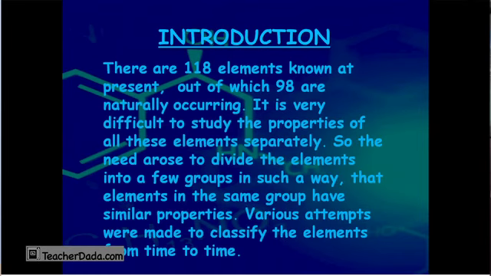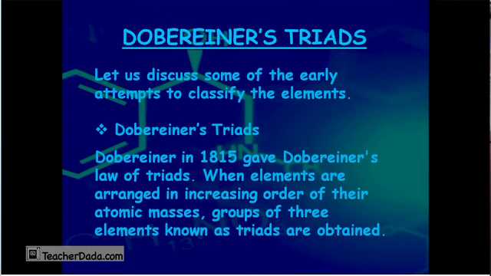Now, the properties of the elements which are placed near each other might be same. The periodic table, what we see today, it is the work of many scientists along the period of time, different centuries. At the onset of 19th century, in 1815, Dobereiner had given some laws which is known as Dobereiner's law of triads.